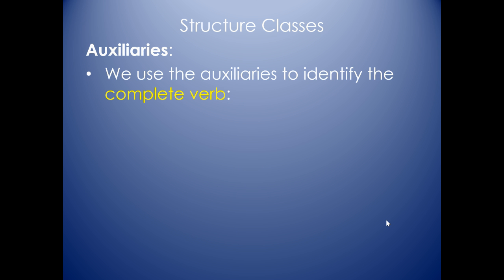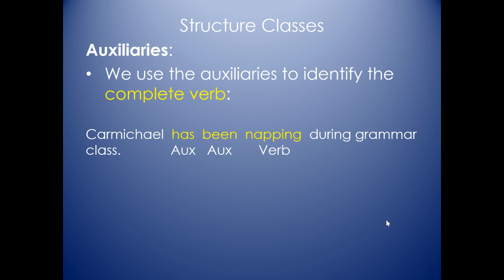And we use auxiliaries to identify sometimes what we call the complete verb, not a verb phrase, but a complete verb. So let me show you what I mean. If I said Carmichael has been napping during grammar class, well, napping is the verb, but has and been are actually the auxiliaries. They're the helpers as part of that verb.